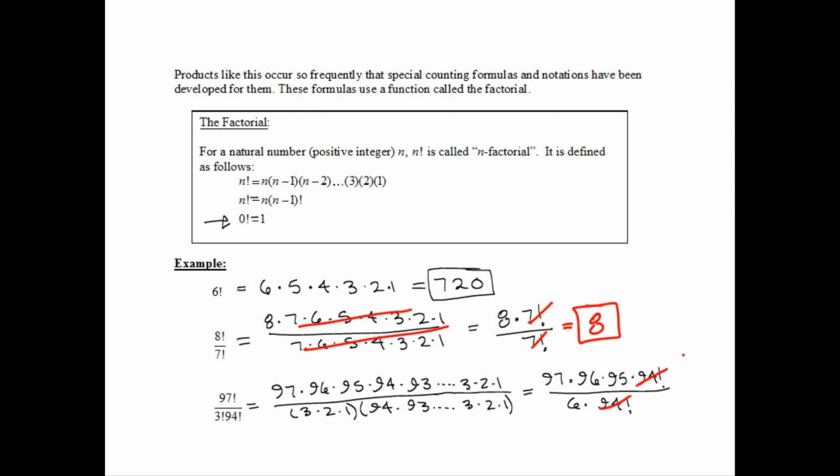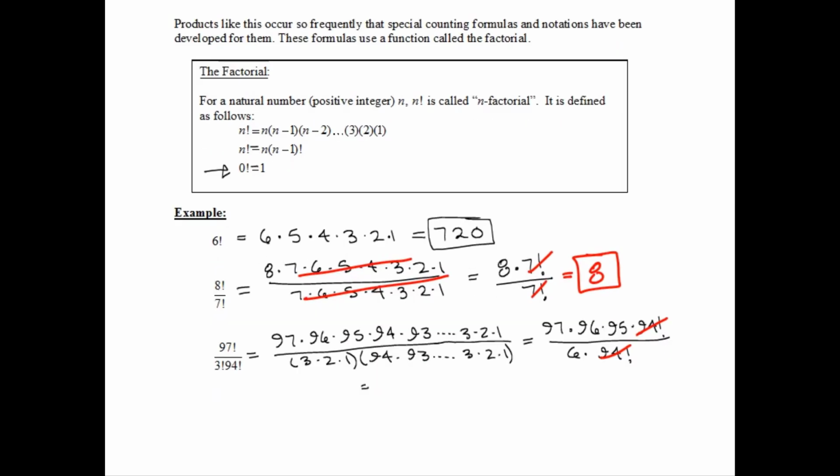And so our 94 factorials cancel off and leave us with 97, 96, 95 all multiplied together and divided by 6, which is 147,440.